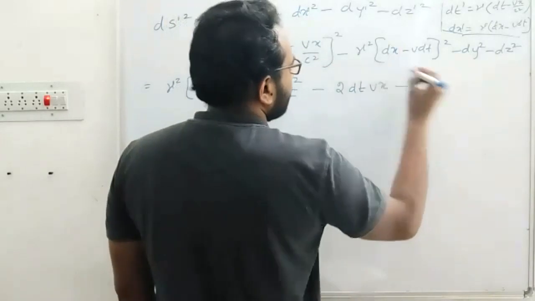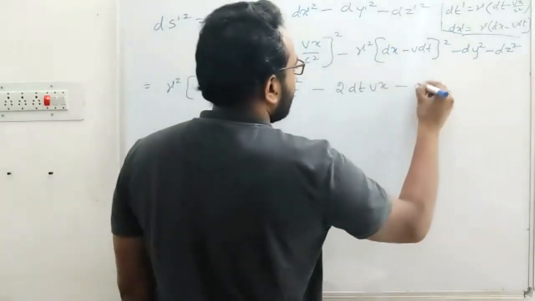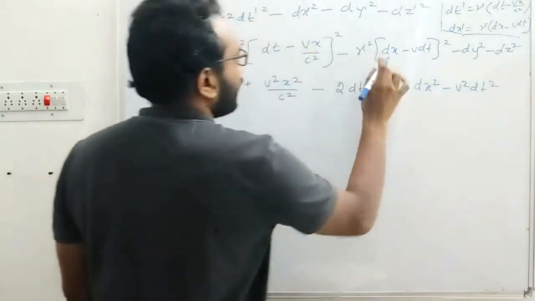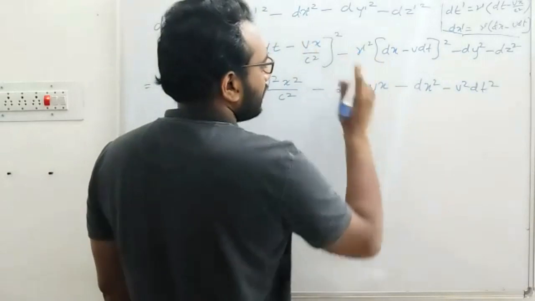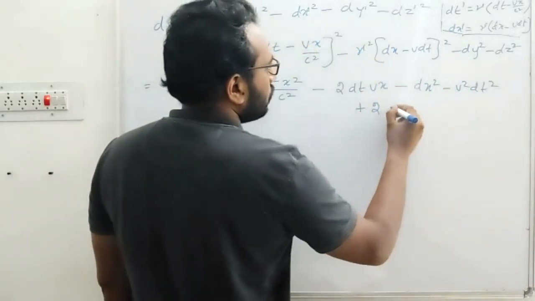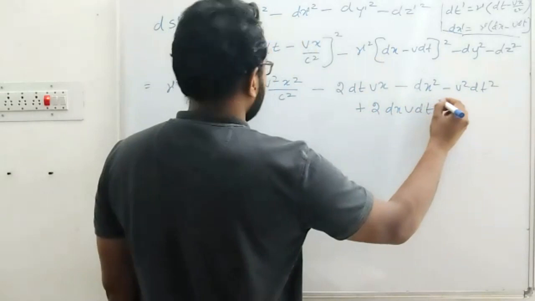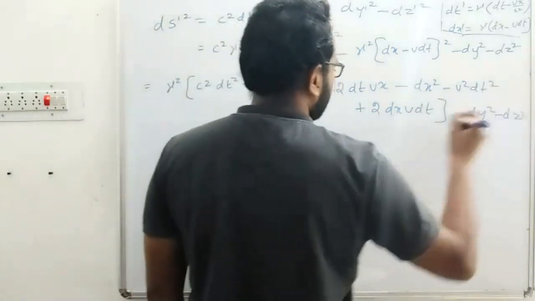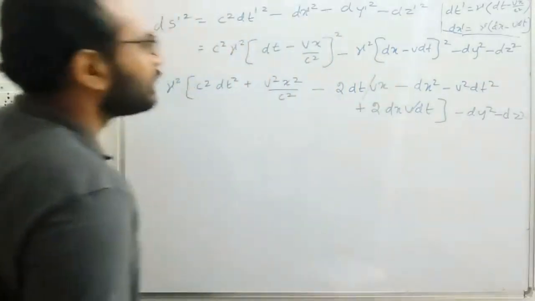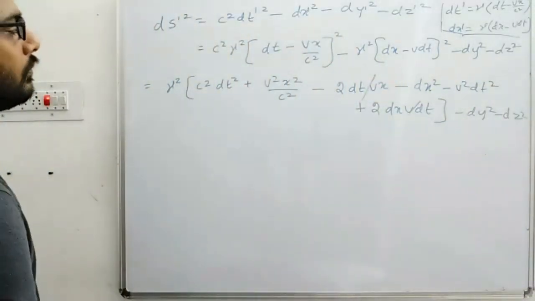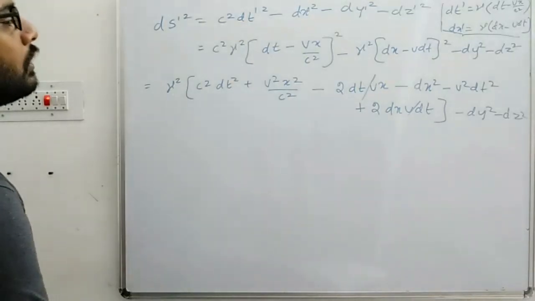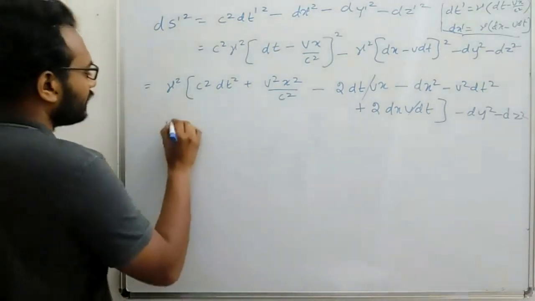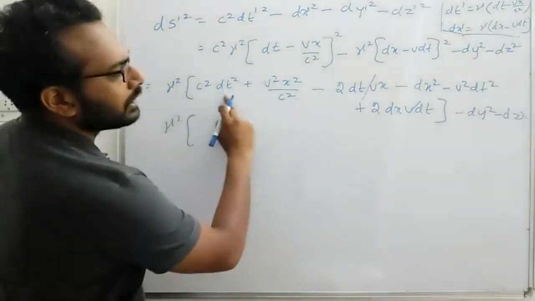We have got minus, okay, there's a minus there, dx square minus v square dt square. And then the cross term comes with a minus, but this minus makes it plus, so it's plus 2 dx v dt. And we have minus dy square minus dz square. Immediately see that these two terms get cancelled. All right, and what else do we have here? So let's write this as gamma square, and we pull the c square dt square outside.